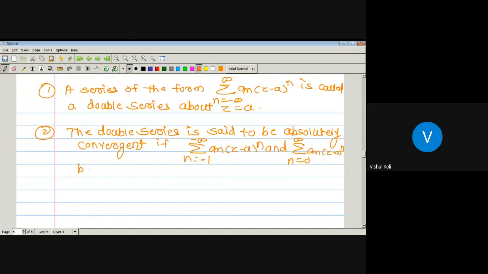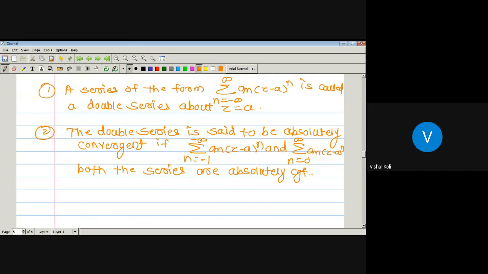So if both the series, n running from minus 1 to minus infinity a_n (z minus a) to the power n and n running from 0 to infinity a_n (z minus a) to the power n, are absolutely convergent, then the corresponding double series is also absolutely convergent.